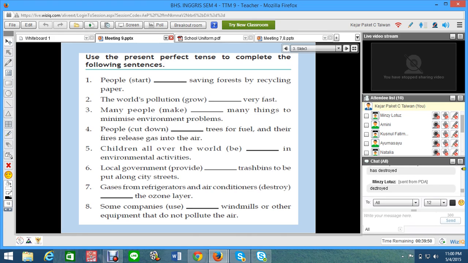Jadi kata kerjanya sudah benar, punya Mbak Santi. Okay, that's correct. Have destroyed the ozone layer.